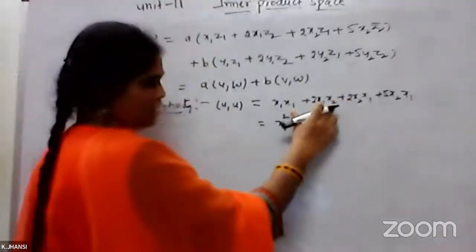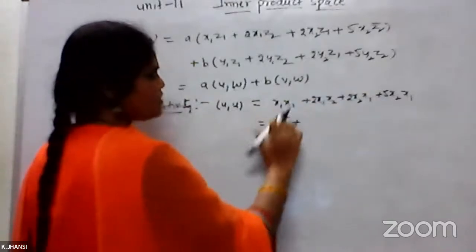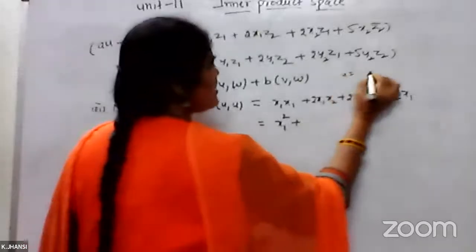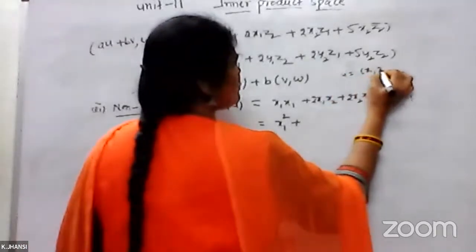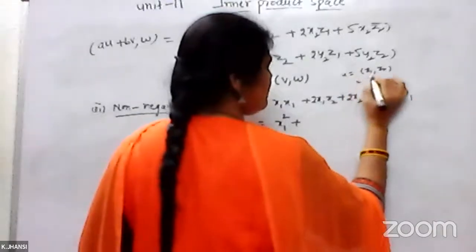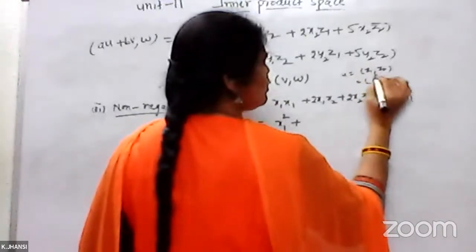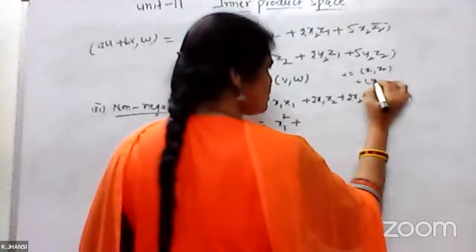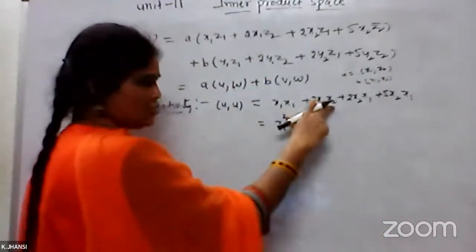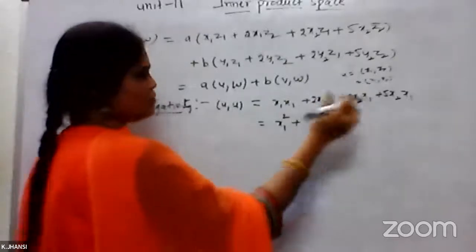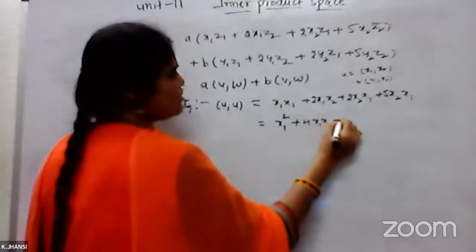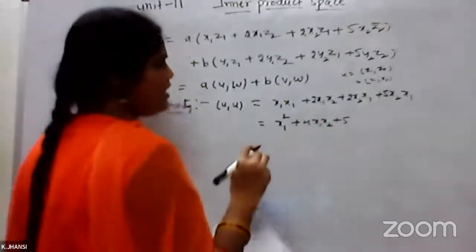Here y2 means x2. Here u is x1 x2, and v is y1 y2, so that also you have to write as x1 x2. So y2 is x2. If you add both of them, you will get 4 x1 x2 plus 5.